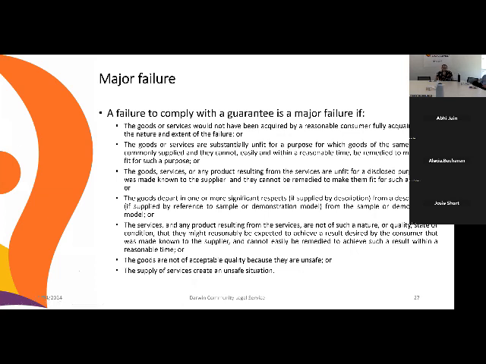A major failure really depends on whether it's a good or a service. Some examples of major failures can cover both. But essentially it's looking at whether the goods or services would not have been acquired by a reasonable consumer fully acquainted with the nature and extent of the failure. So in the case of David, do you think there's a strong argument that there's a major failure just on the first round?